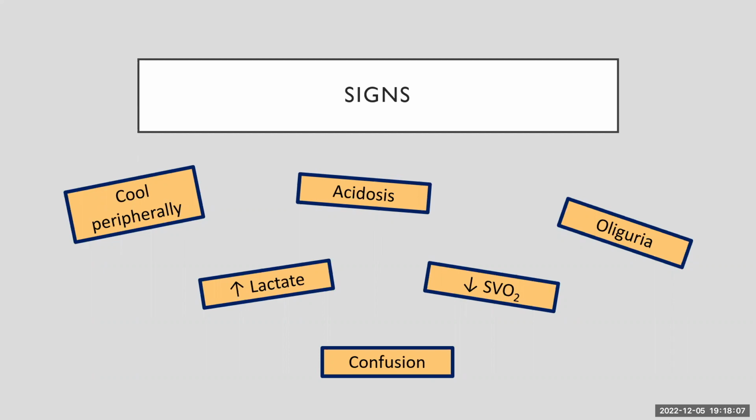More subtle considerations, of course, for patients who are awake, is confusion relating to reduced tissue oxygen delivery in the cerebral circulation. But other parameters that are monitored hourly and very aggressively in the early postoperative period include arterial blood gases, and that's because many of the features, for example, the development of acidosis and elevation of lactate, are seen on those blood gases, and that's one of the main reasons why these are performed on an hourly basis in that early postoperative period.